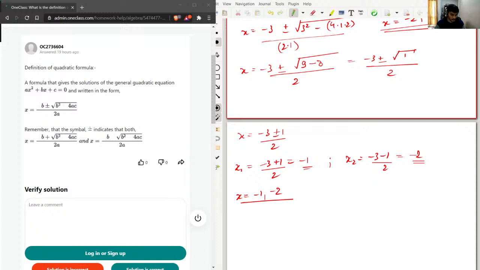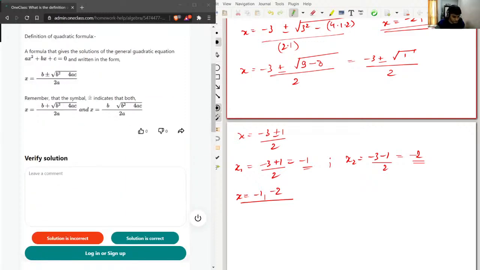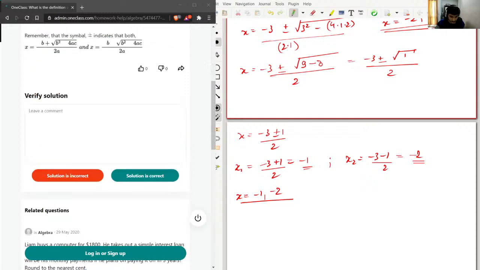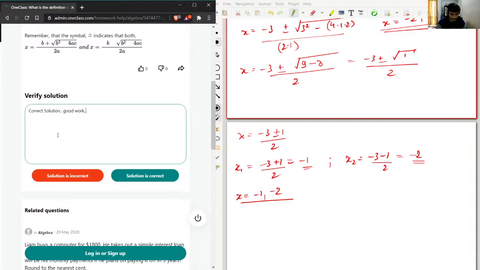I just hope they'll rectify this error soon. So whenever we see a blank here, it means that it is a minus sign. Good work.